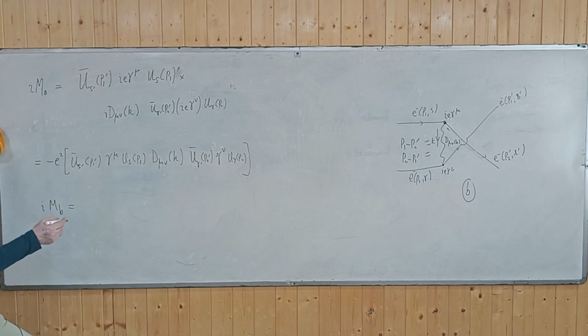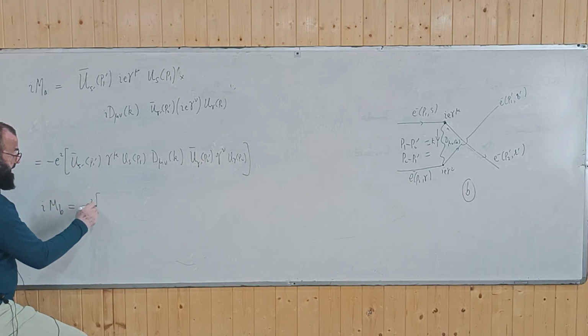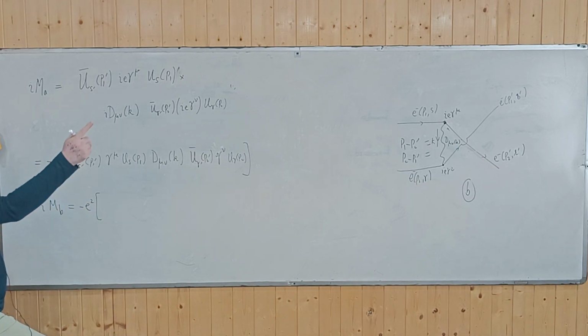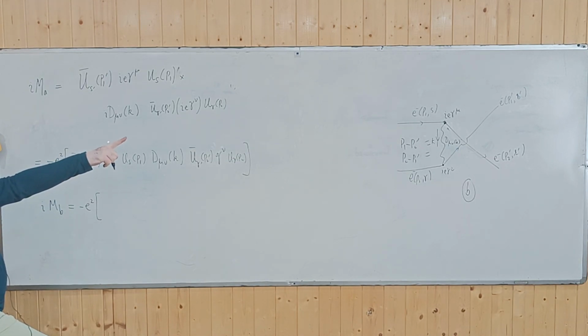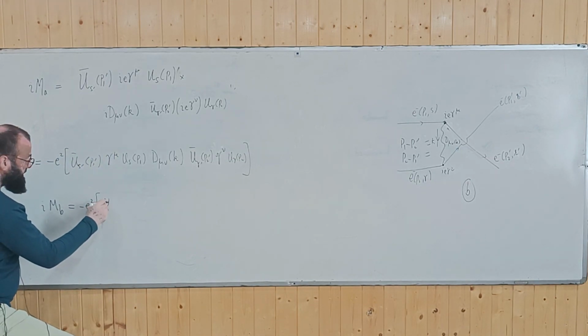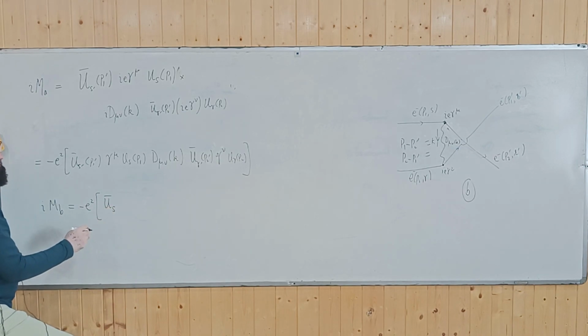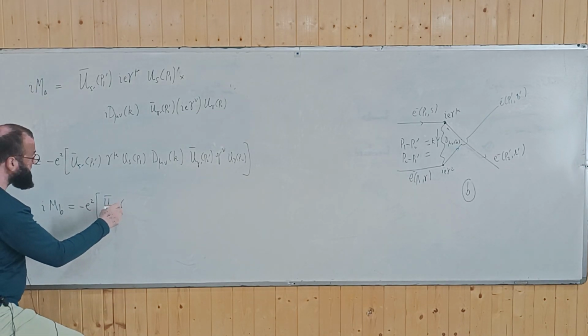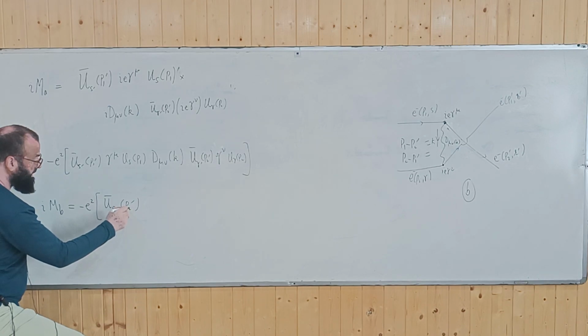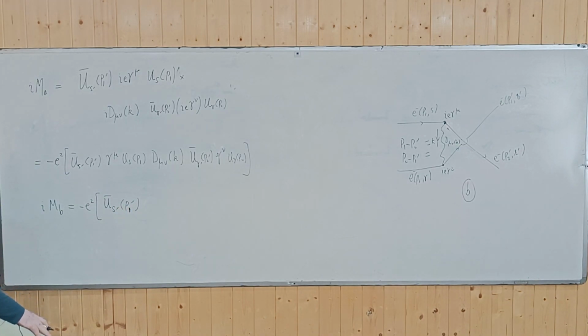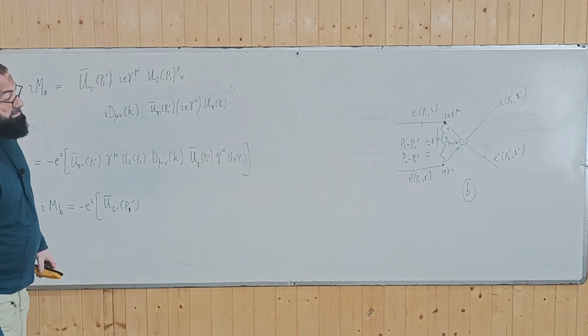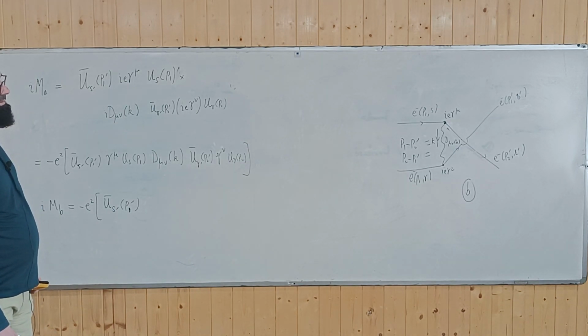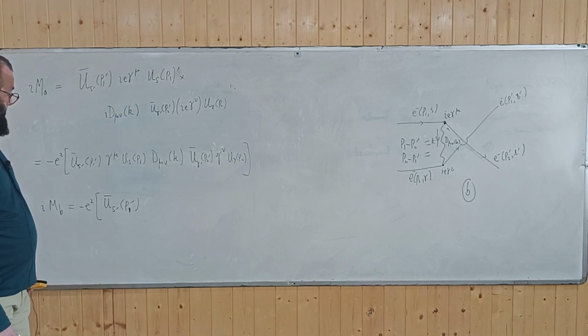So I E times I E is minus E square, so that comes here. Now what is the first final state particle? E minus P2 prime S. So it is U bar S prime, P2 prime. Sorry, P1 prime. Isha? Yes.